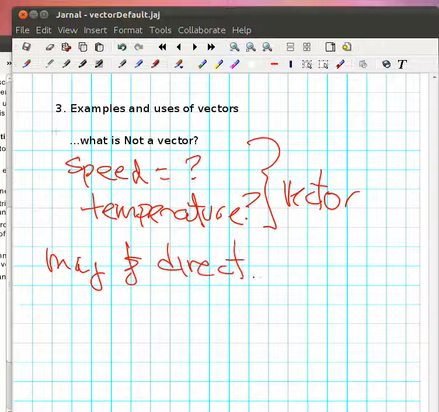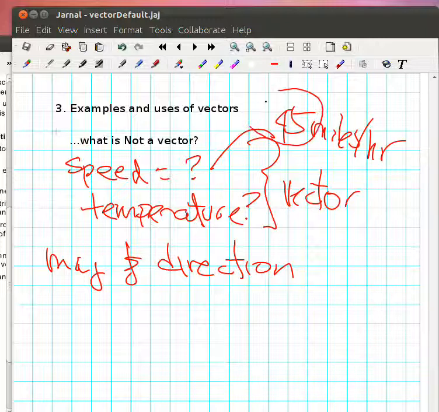Speed, you can say it's 45 miles per hour, and that only has a magnitude. Remember, we said magnitude was length, so we can represent the length of the arrow with a 45, but it doesn't have a direction. What about temperature? We can say it's 100 degrees in downtown LA, and that's just one number, and it doesn't have a direction. So those two things are not vectors.